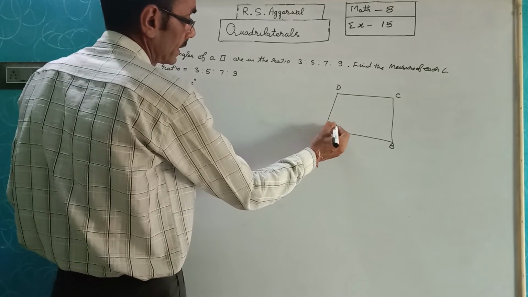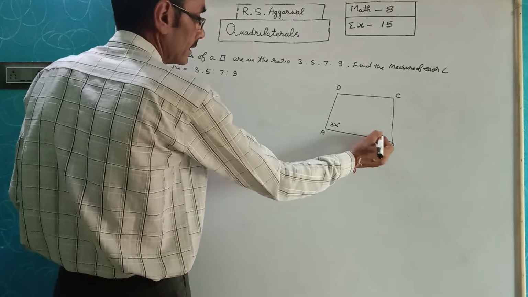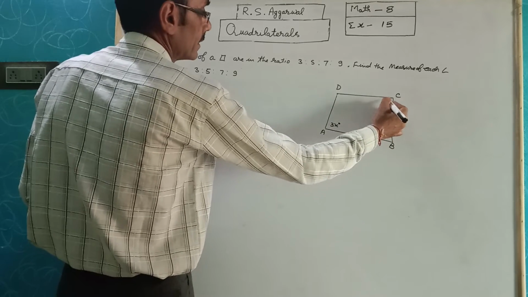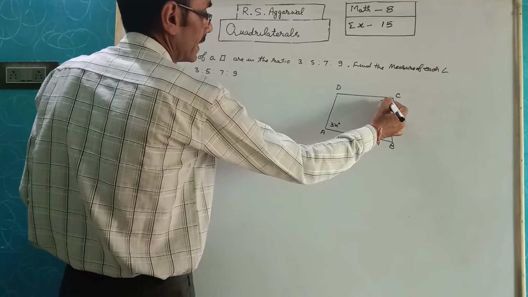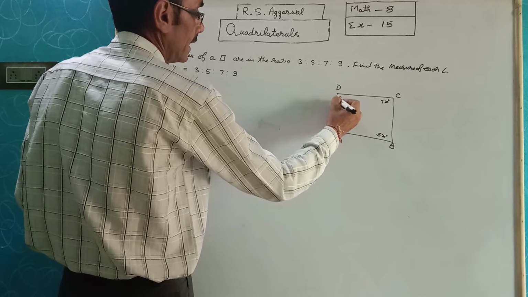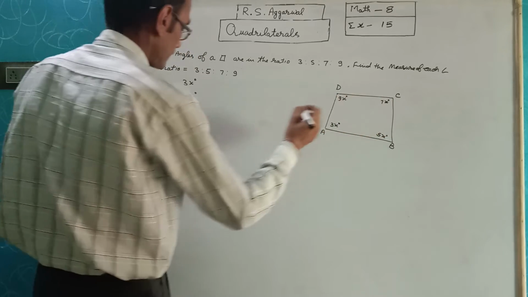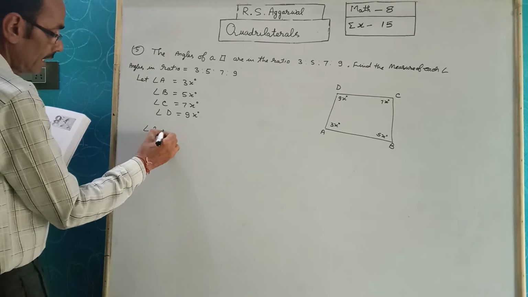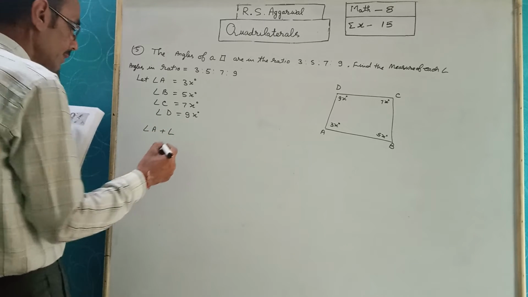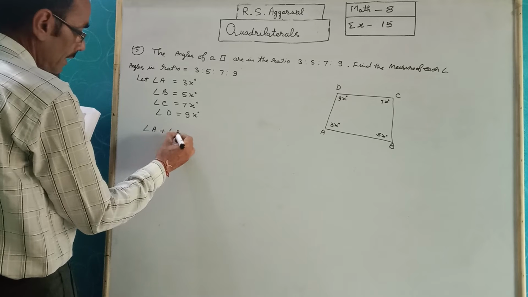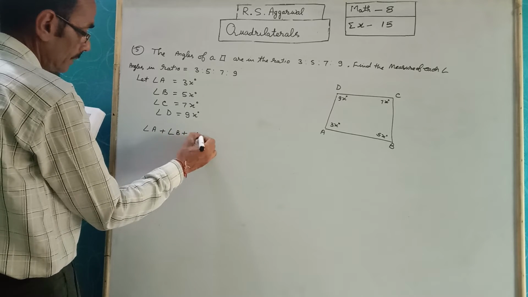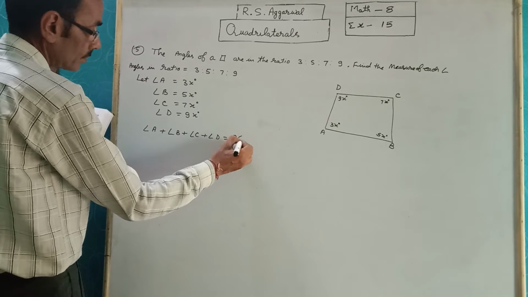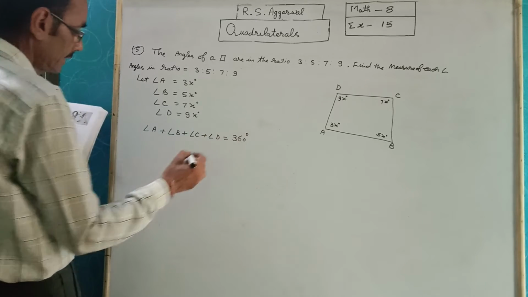A is equal to 3x, B is equal to 5x, C is equal to 7x, and D is equal to 9x. Sum of all angles, A plus B plus C plus D is equal to 360 degree.